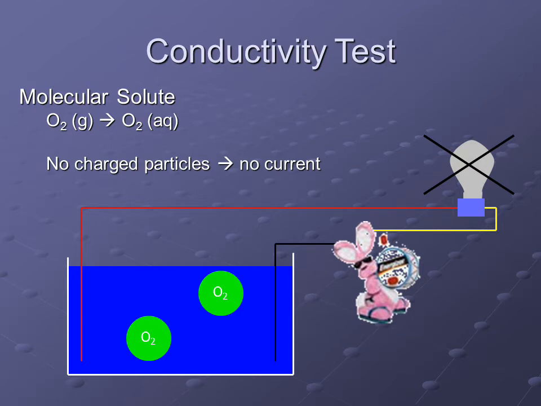Okay? No charged particles means no current. No current means no light. No current means no conductivity. So, since these things are non-conductive, molecular solutes are non-conductive, they are called non-electrolytes. So, your non-electrolytes are the same thing as molecular solutes.